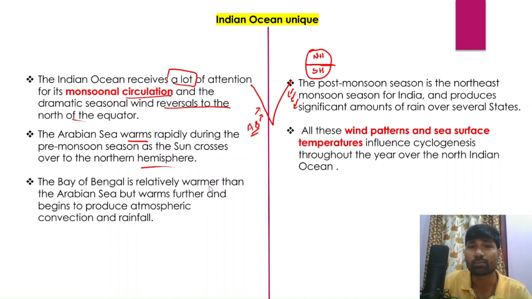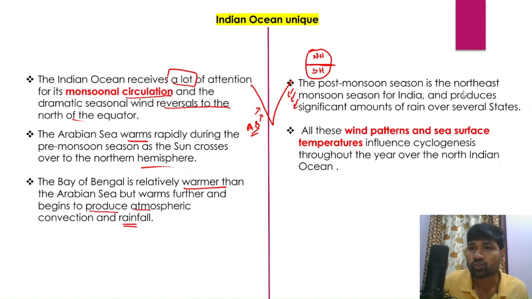During the pre-monsoon times, April and May, the Arabian Sea warms rapidly because the sun crosses over the northern hemisphere. And the Bay of Bengal region is relatively warmer than the Arabian Sea, but warms further and begins to produce atmospheric convection and even rainfall during the monsoon times.